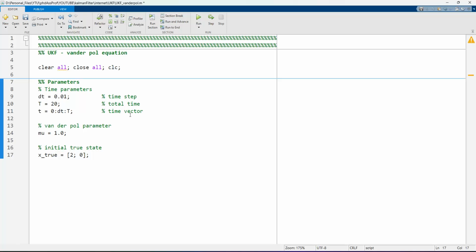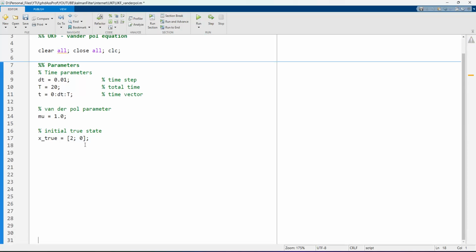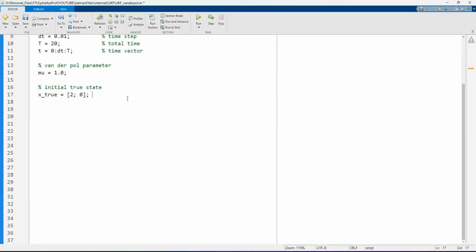Okay, the first parameter describes the position, and the other one is the velocity.